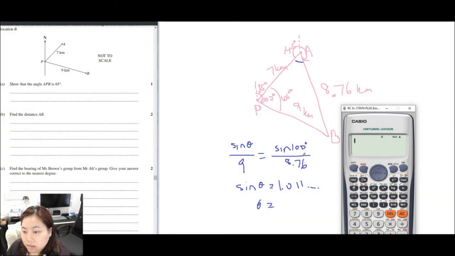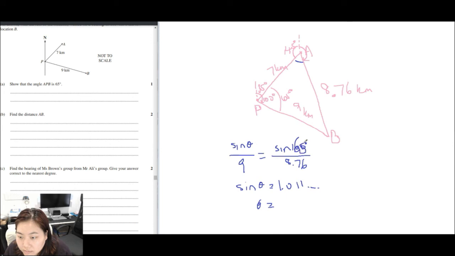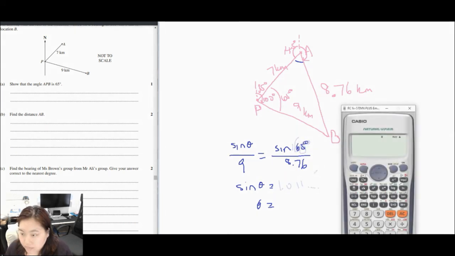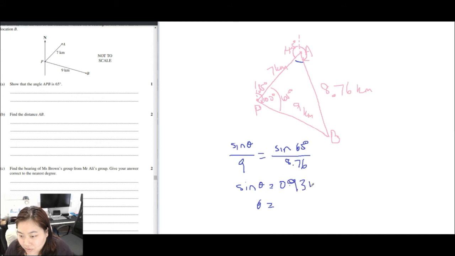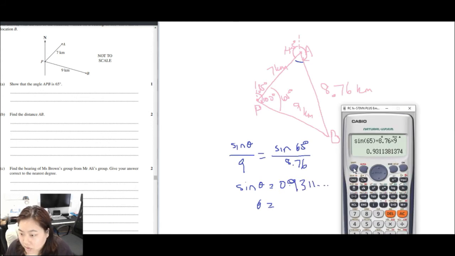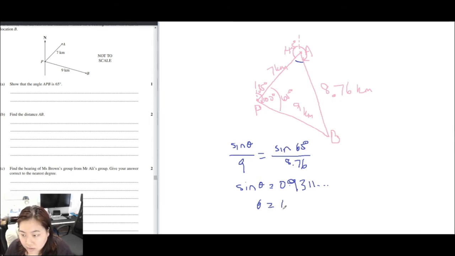Oh, 65. Right. 65 degrees. Okay, let's try it again. Sine 65 divided by 8.76 times 9. That's better. Okay, it can't be more than 1. 0.9311... Beta is going to equal 68 degrees and 30 minutes and 46.55 seconds.